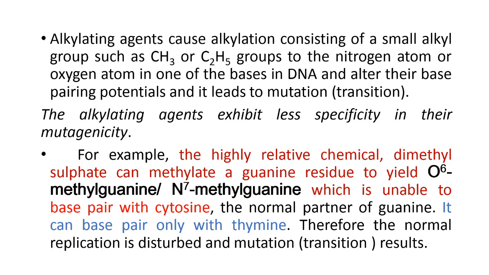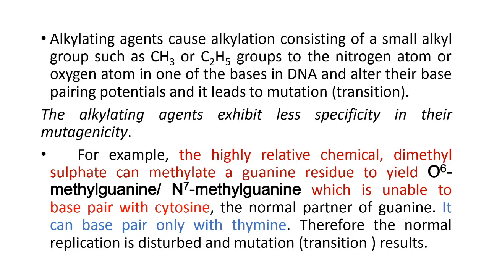For example, the highly reactive chemical dimethyl sulfate can methylate a guanine residue in the DNA to yield O6-methylguanine or N7-methylguanine, which is unable to base pair with cytosine, the normal partner of guanine.